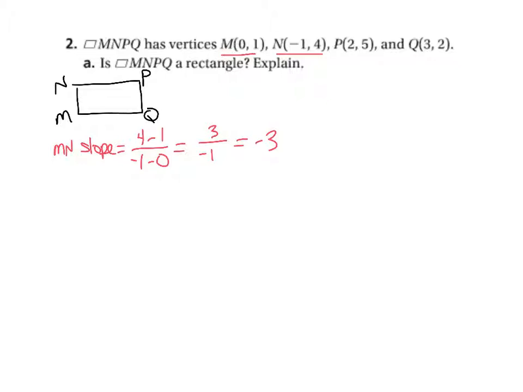Now let's try, so that's this slope. Now let's try this slope. So I'm going to do MQ. MQ would be, all right, so maybe I should have changed colors. I'm going to do MQ, so I'm going to do M and Q here.